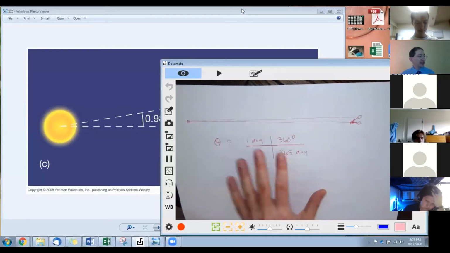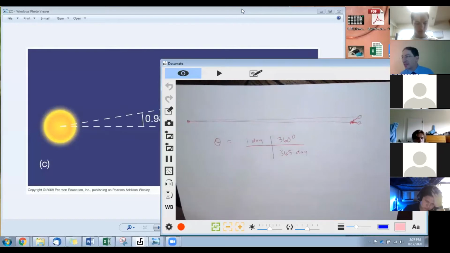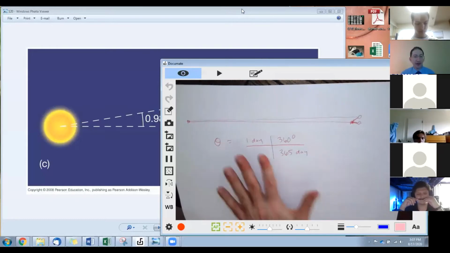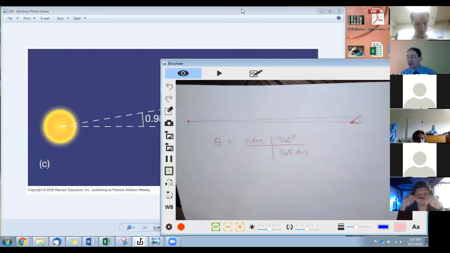So when you're trying to figure these things out, and we've had a couple examples now, warm-up questions, it really is unit conversion. You just have to think about what motion am I talking about. For this particular thing, we're asking how far did we go in our orbit. So it's the orbital motion, 365 days and 360 degrees. And second, we'll see using the rotational motion.